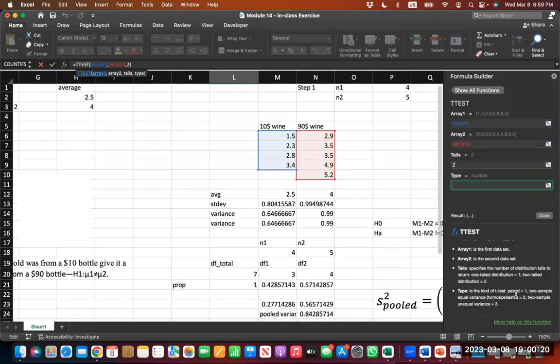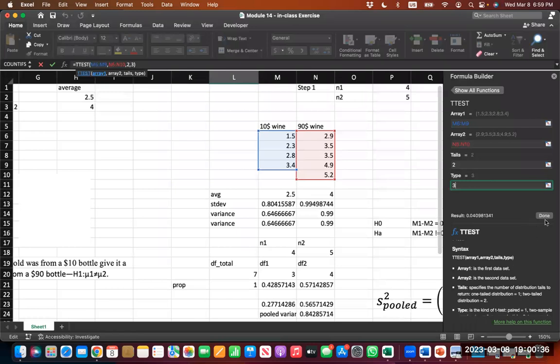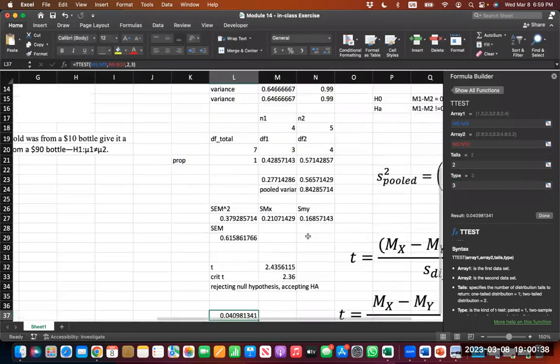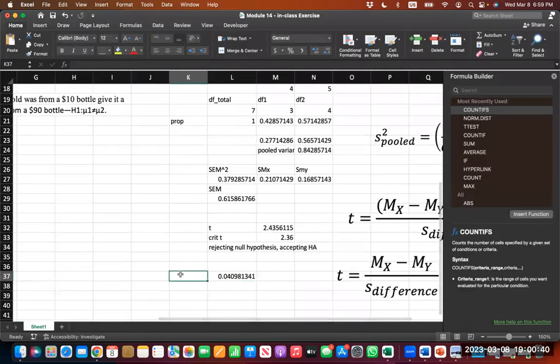Two-sample equal variance, homoscedastic, would be 2. And two-sample unequal variance would be 3. As we have determined, our variance is unequal, so we're entering 3 here. And this result here is the p-value.